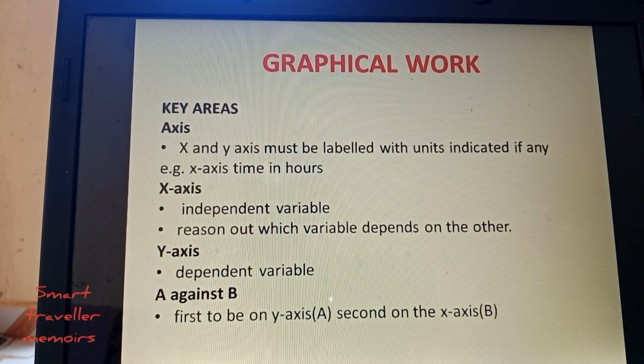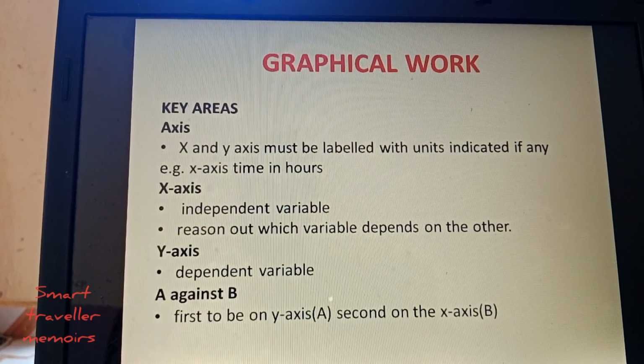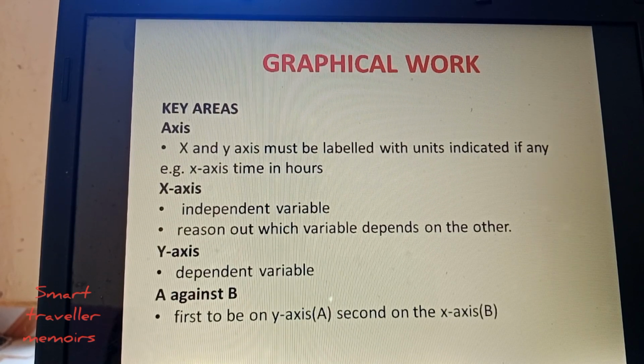So A against B. So A goes to the y-axis, B goes to the x-axis. Note, the first, this against this. The first goes to the y-axis, the second one goes to the x-axis.